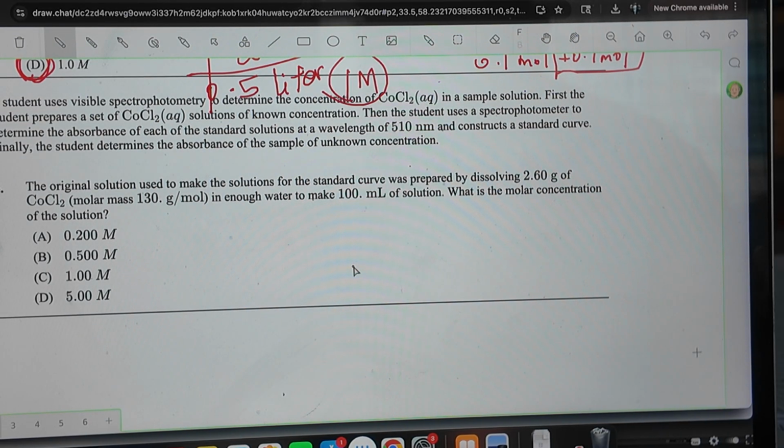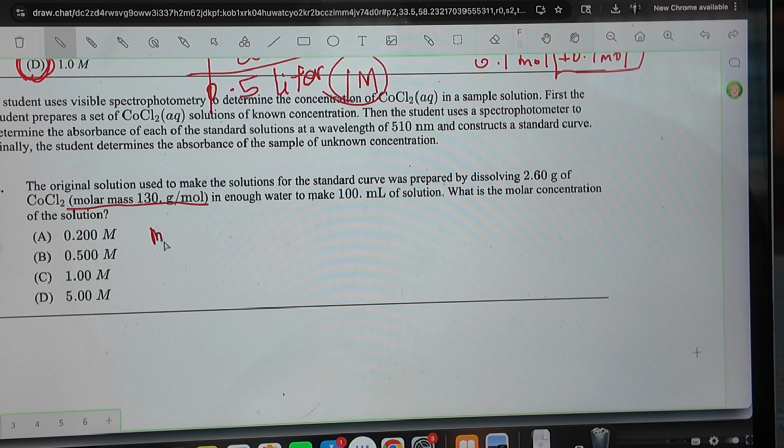So first I turn the grams into moles using molar mass. They gave a molar mass of 130 grams per mole.